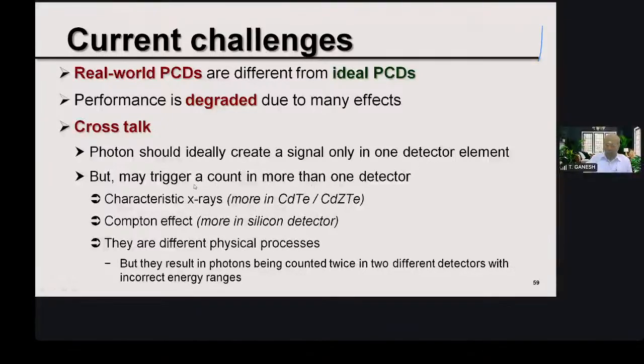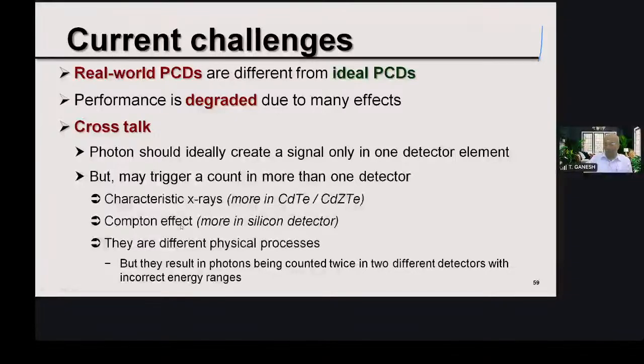It can produce counts in multiple adjacent detector elements due to the production of characteristic X-rays. Characteristic X-rays will be produced, and they can travel some distance from the interaction spot to produce another count in some other distant detector.